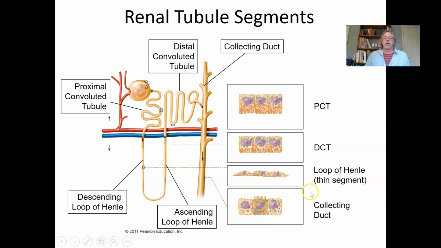So that's called the thin segment. The thin segment, unlike all the others, is lined by a simple squamous epithelium. And then the thick segment is going to be similar to these two. And the collecting duct, also similar to proximal and distal convoluted tubules, in that it's lined by a simple cuboidal epithelium.